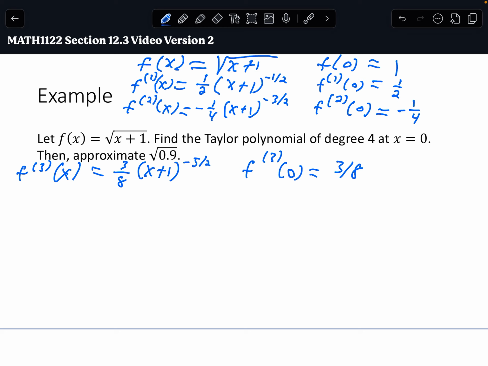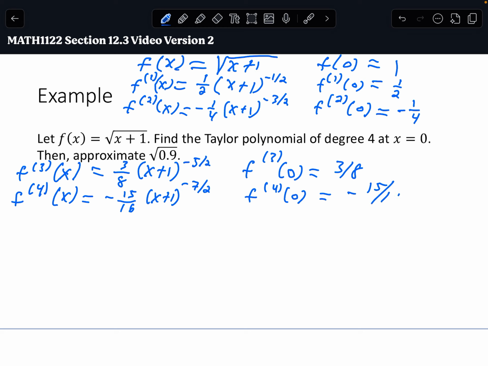And lastly, the fourth derivative of f at x is negative 15/16 times x plus 1 to the negative 7/2. And the value of that fourth derivative at 0 is going to be negative 15/16.